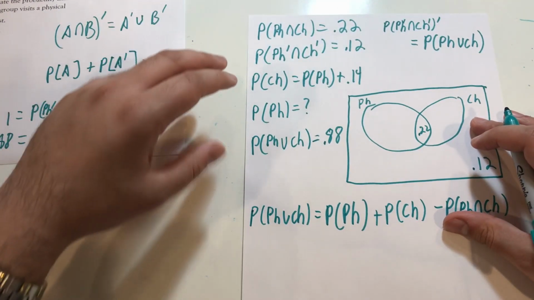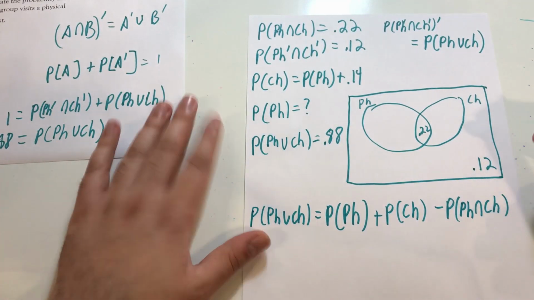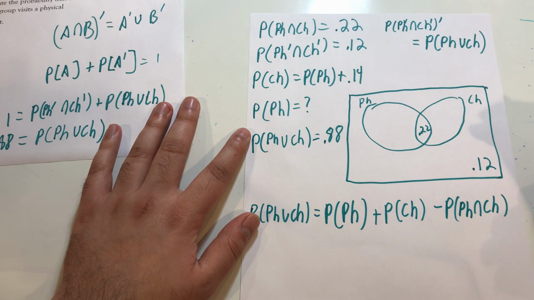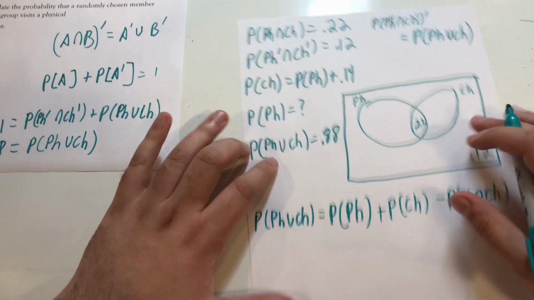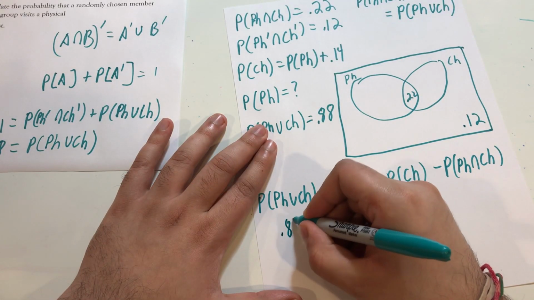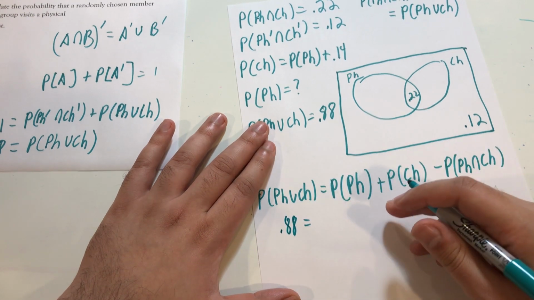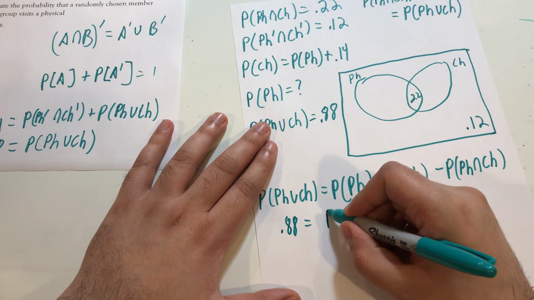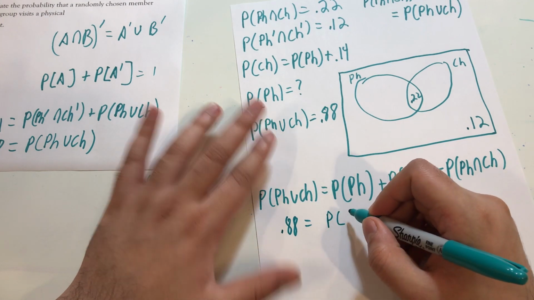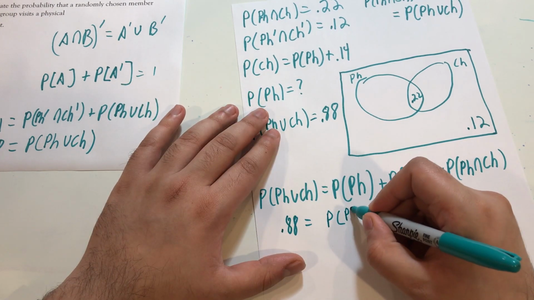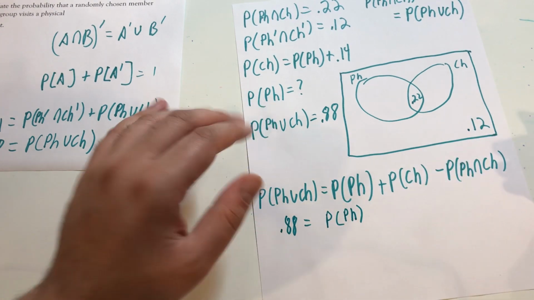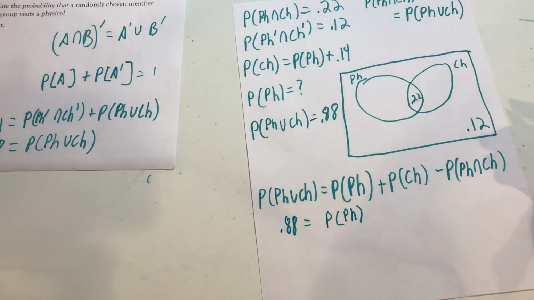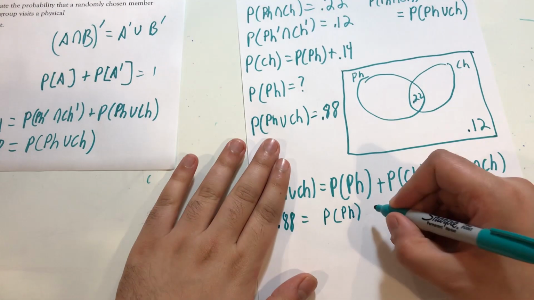And we have formulas for most of this information, right? We can replace this. So this is going to be 0.88. We don't have this. I'm going to leave this as physical therapist, right? Because that's just a question mark. Probability that somebody goes to a physical therapist, which is what we're looking for. So obviously it'd be weird if we had that automatically.